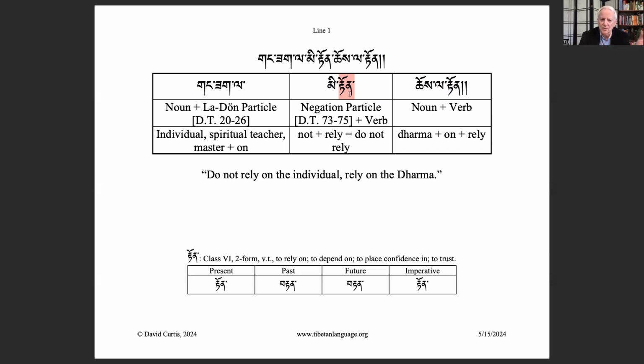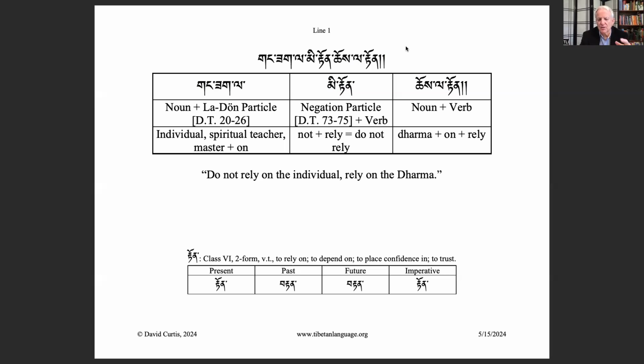And then what we did in the previous box, gongzak la, makes sense, right? Don't rely on the individual. Okay, so this is really a condensed little saying. If it was regular prose, it would be more filled out, maybe.